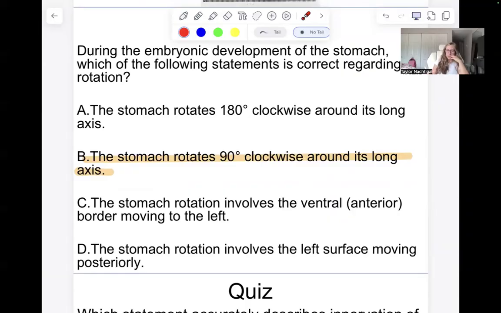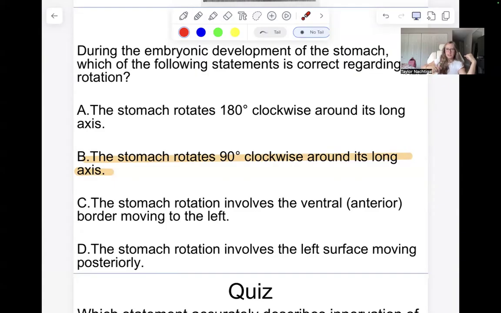So if we break this question down, C, so if the stomach is facing, the best way to illustrate this, I actually don't have anything that I can think of. Basically, the stomach is going to rotate with the lesser curvature facing away from you. That lesser curvature is going to rotate to the right.